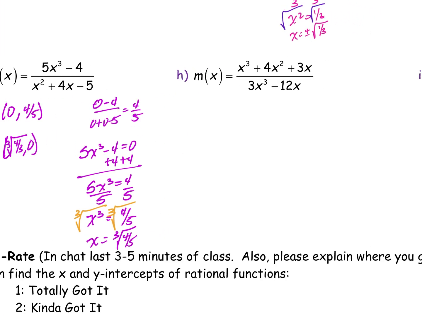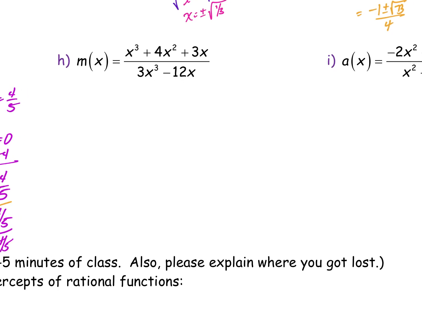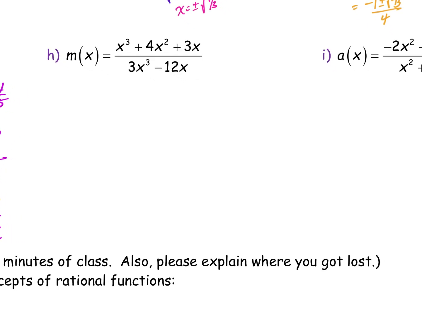And then M, by the way, we already simplified this equation at the beginning of class. I just took it and moved it down to this section. It was in our warm-up. So the simplified version of this equation is x plus 3 times x plus 1 all over 3 times x plus 2 times x minus 2.